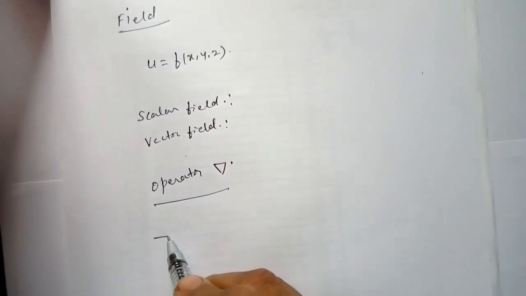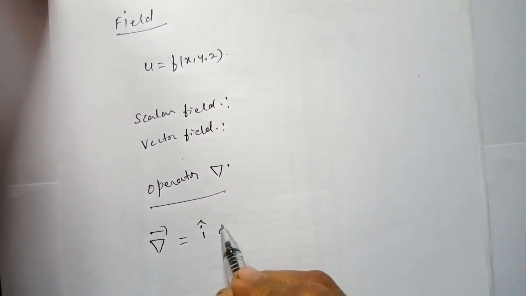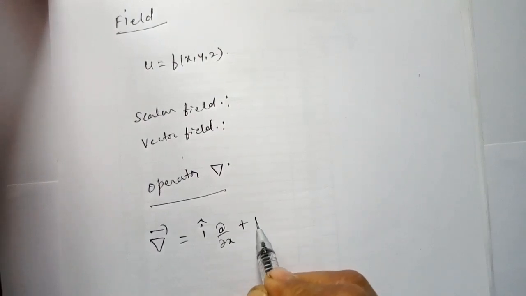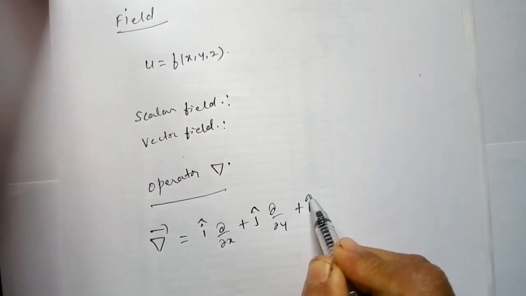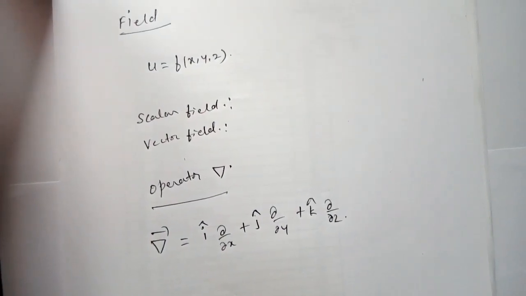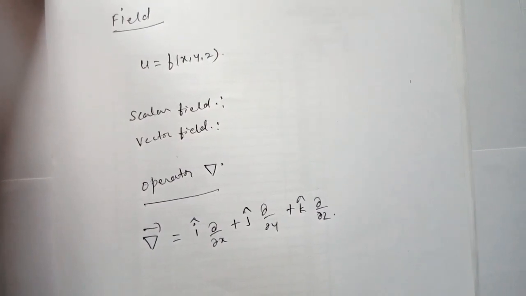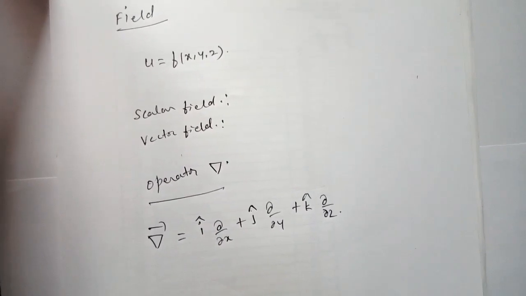Del is a mathematical operator: i cap dou by dou x plus j cap dou by dou y plus k cap dou by dou z. It is a vector differential operator, or simply we call it the del operator.